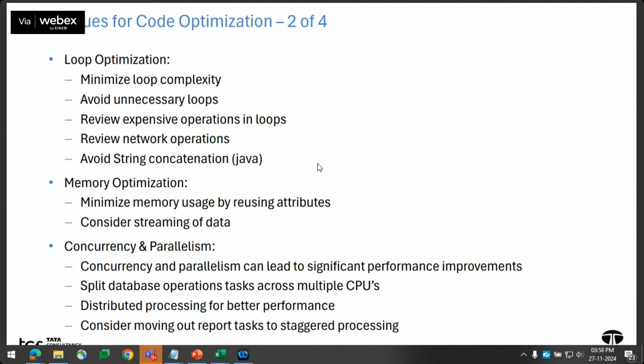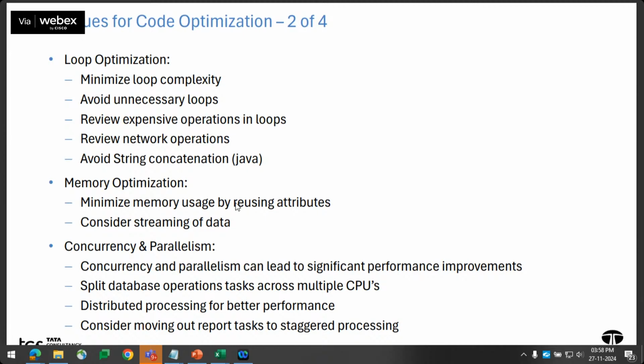Then the memory optimization. We need to see how we minimize the memory usage for each section of code, because sometimes the applications could be big.